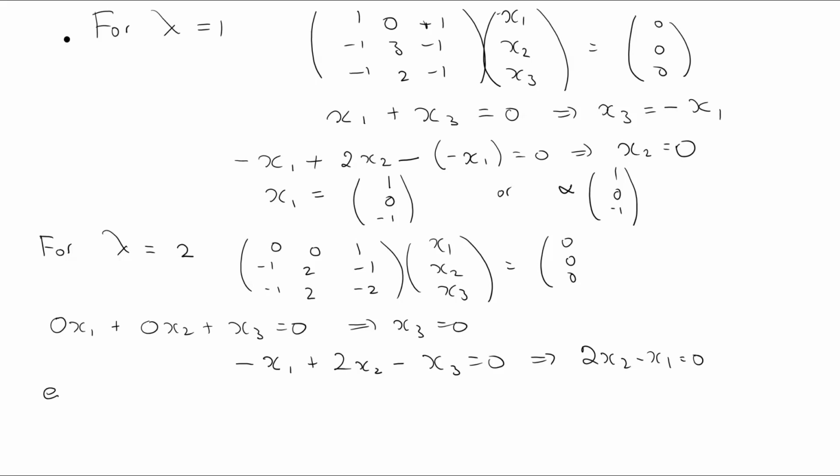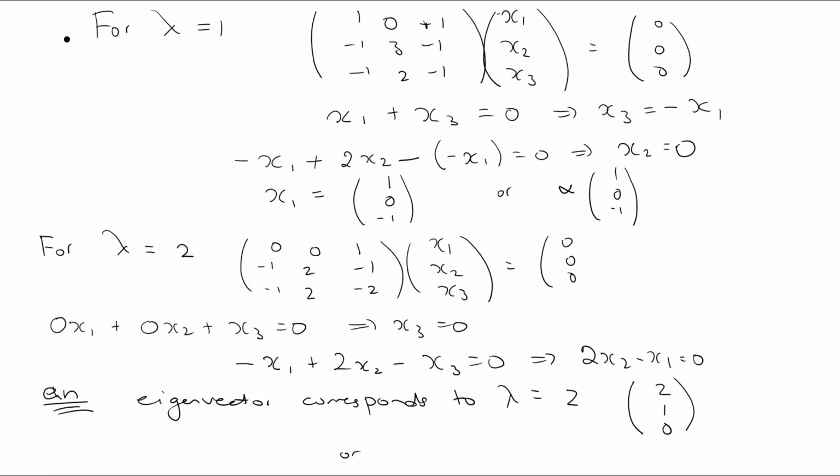So an eigenvector that corresponds to lambda equal to 2 is 2, 1, 0. Or it could be some number times that. So this is only an eigenvector that corresponds to that.